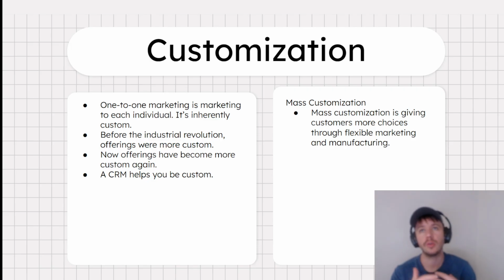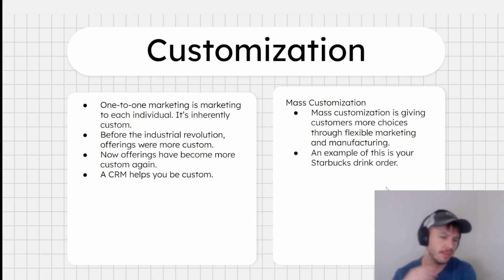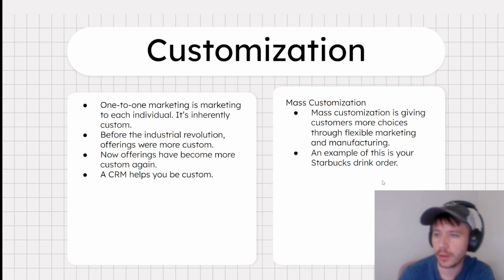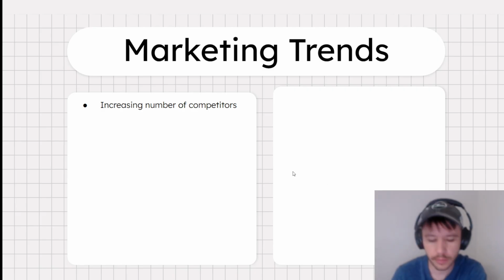When you go to Starbucks, it's a good example. You get a certain drink order, or if you order a computer online and you buy customizations as part of the purchasing process, that would be another example as well.